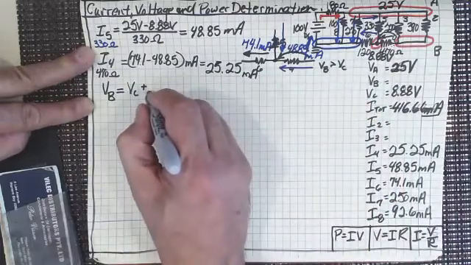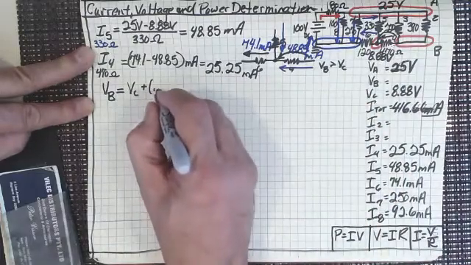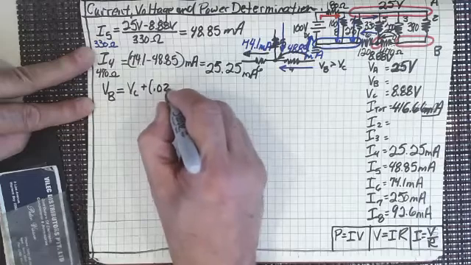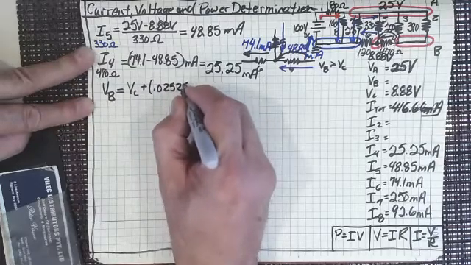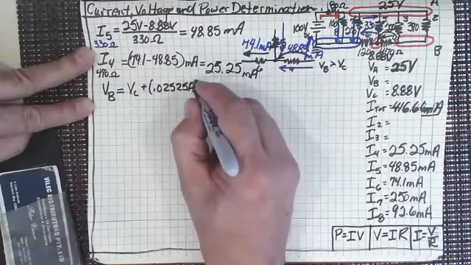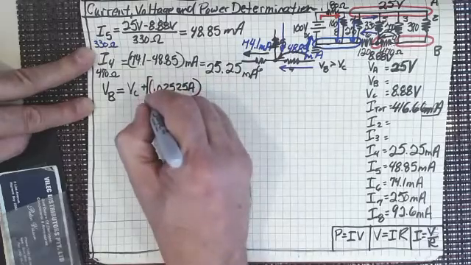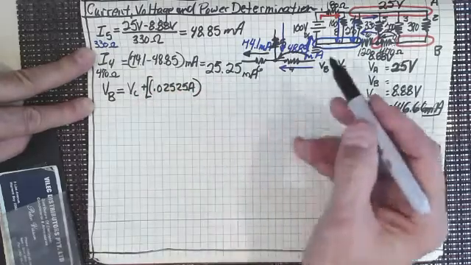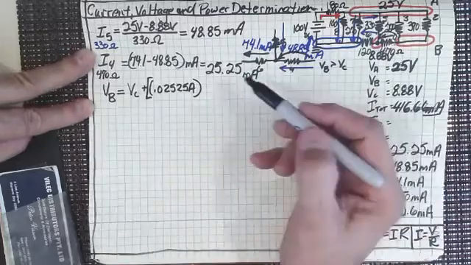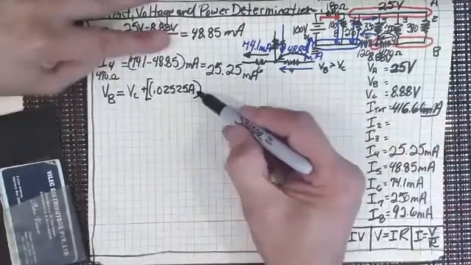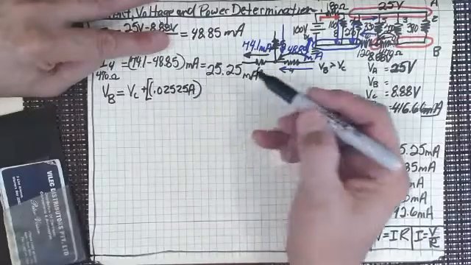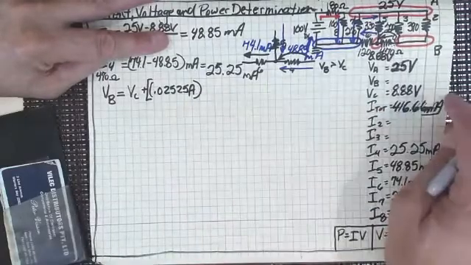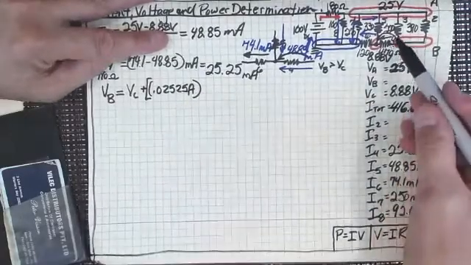That's 25, I'm going to put 0.02525 amps. And why am I doing that? I think everybody knows, because I'm going to be using this in a product. So I want to actually switch it back into a primary unit, which is amps, and we know amps is a primary unit. So I have no problems there.